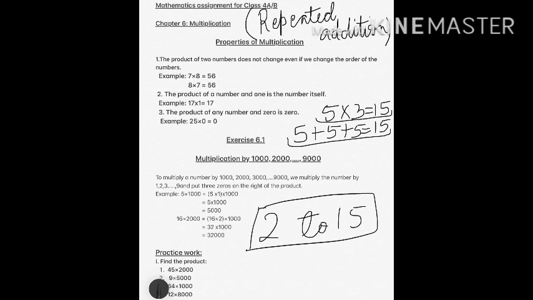But for this written calculation, the multiplication tables from 2 to 9 should be very thorough in your mind for doing this chapter.